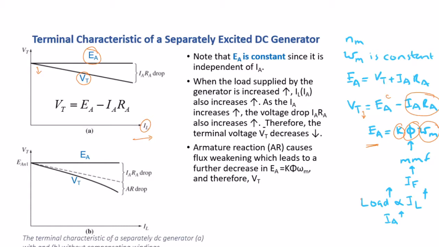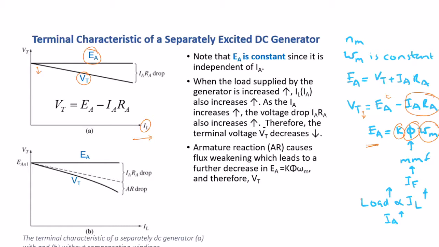It means that as the armature reaction gets worse, more significant, the flux will get lower and lower. And the armature reaction gets worse as the load is increased.